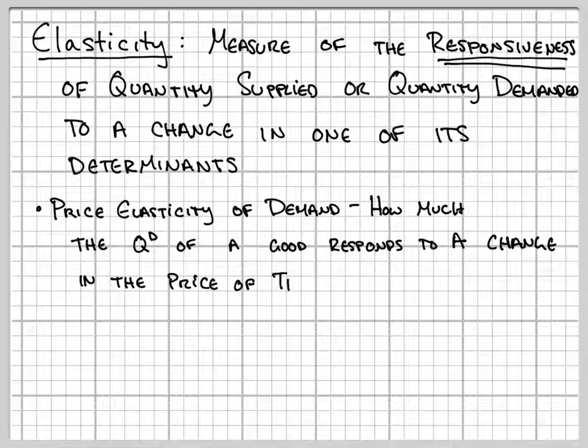In other words, we know that an increase in the price of coffee results in a decrease in the quantity of coffee demanded. That is the law of demand. But elasticity measures by how much. By how much does quantity demanded of coffee fall when the price of coffee rises by 1%? So it's all in percentages.